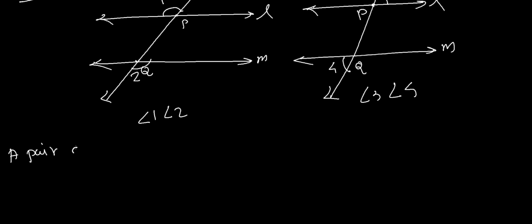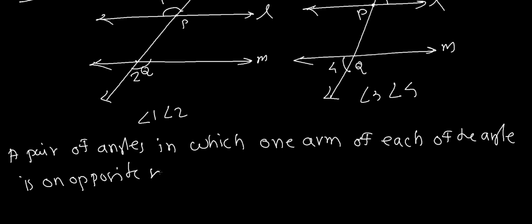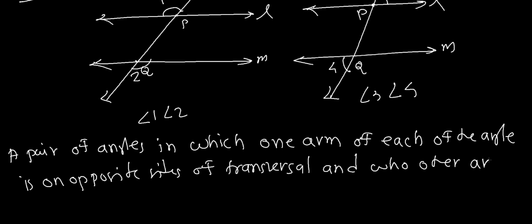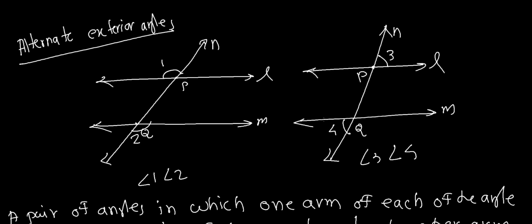A pair of angles in which one arm of each of the angles is on opposite sides of the transversal, and whose other arm does not include segment PQ.